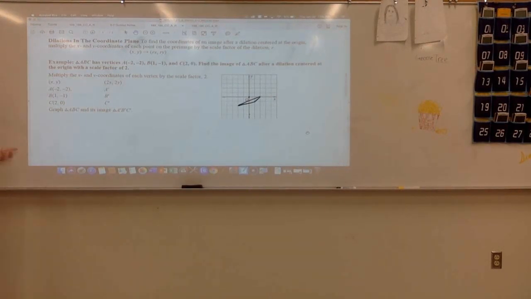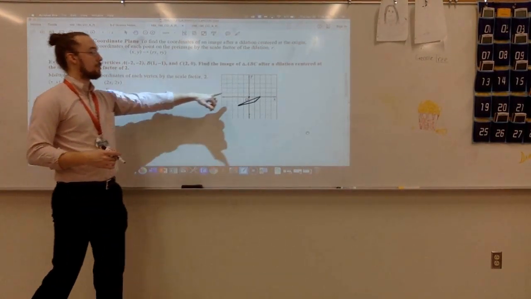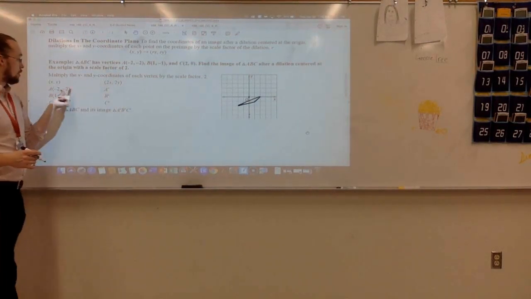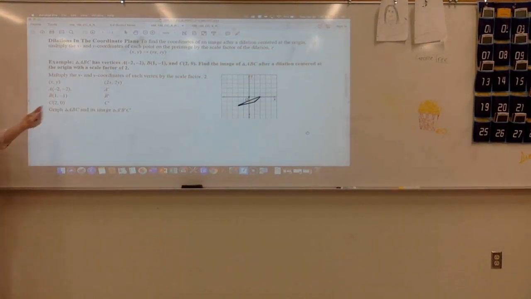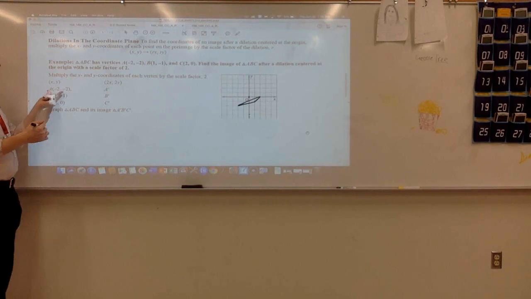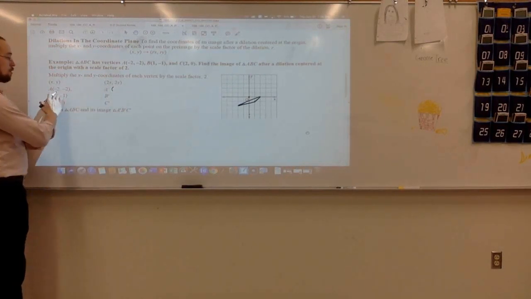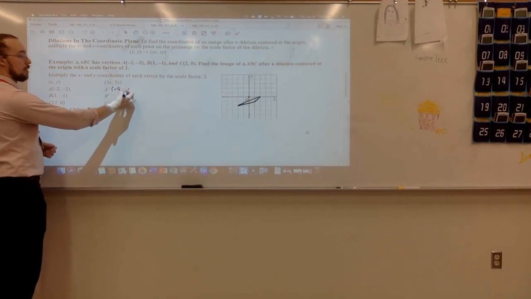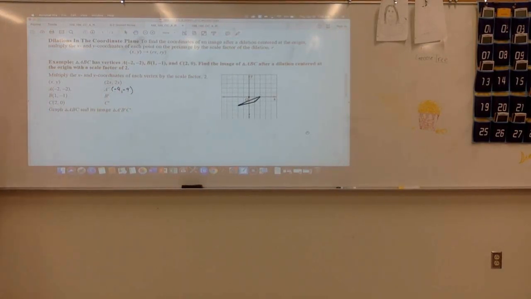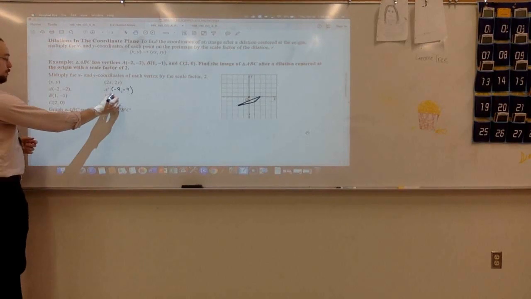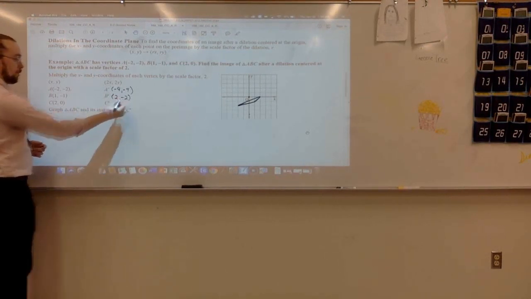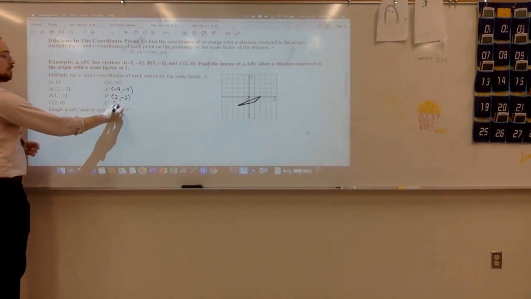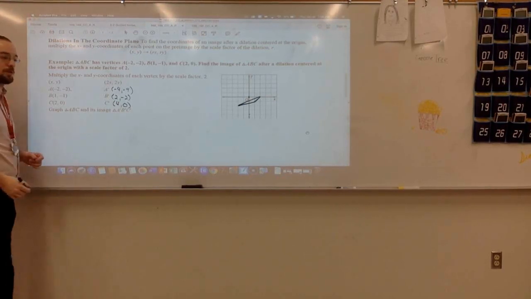But a shortcut, if the center of dilation is 0, 0, we're just going to take our original coordinates and multiply them by the scale factor. So A prime, if I multiply these by my scale factor of 2, will be at -4, -4. For B, I will be at 2, -2. C, 4, 0. Okay.